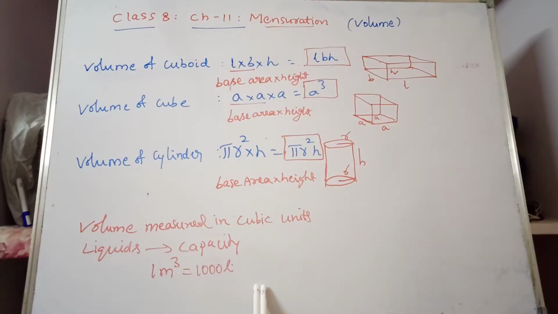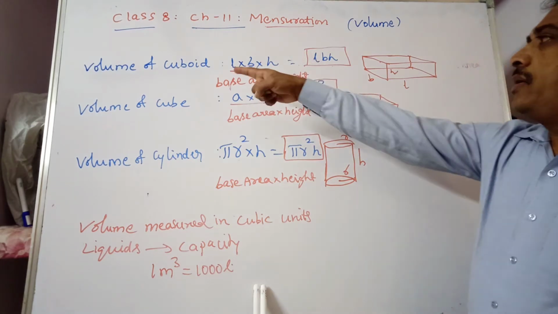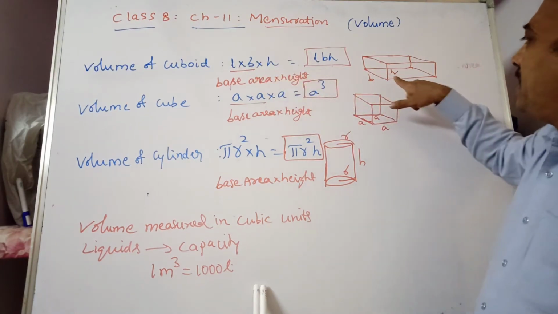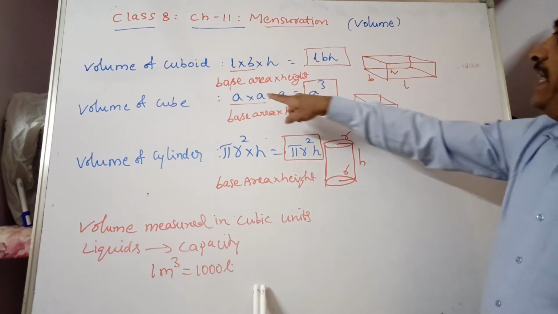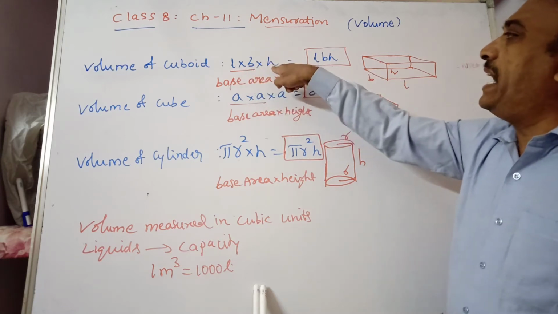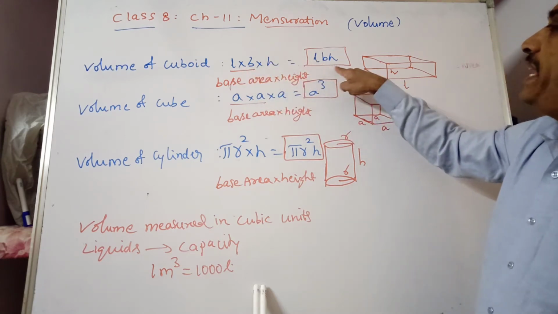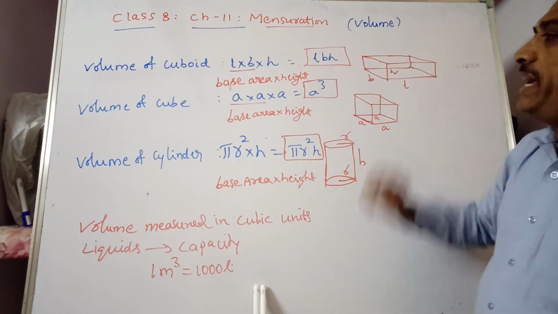Now you can see that the volume of cuboid is the base area L into B, and its height, so the volume of the cuboid is LBH.